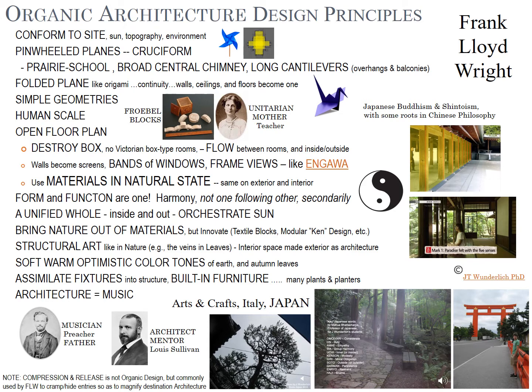So, conform to the site is the first principle: sun, topography, environment. Pinwheel plans, the cruciform, the Prairie School certainly uses that, around a broad central chimney with long cantilevers, overhangs, and balconies. The folded plane, like origami, so we're looking for inspiration from Japanese things, which he was doing from very early on. 1892 or 1893 Chicago World's Fair exhibition with Japanese architecture.